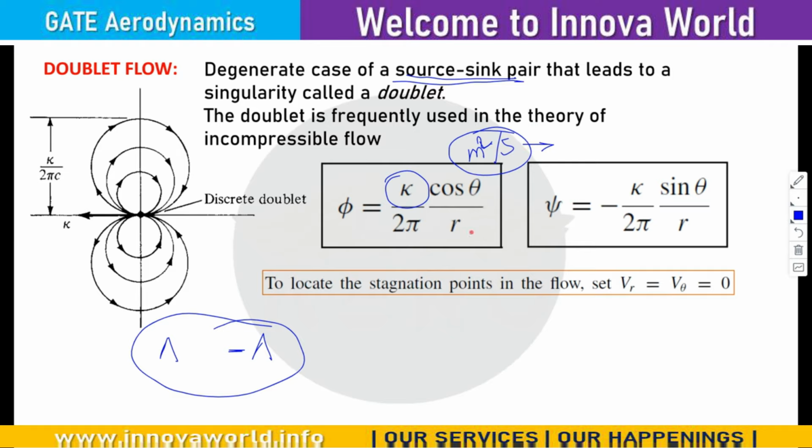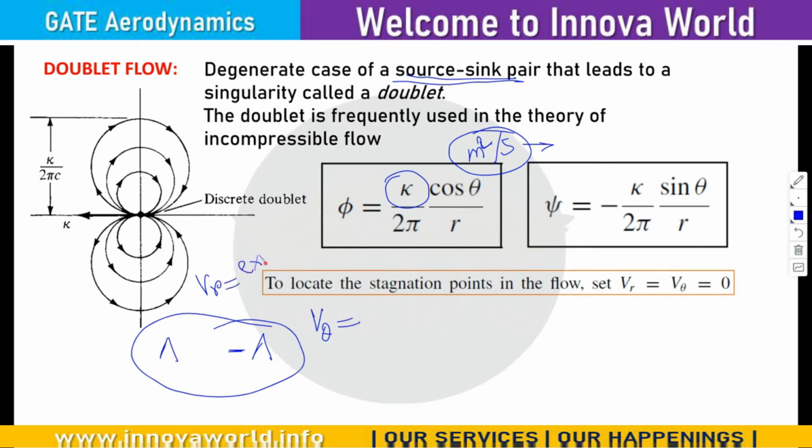Now what happens here in this doublet flow? Here, as we have seen, we looked at the nature of the radial flow and the tangential flow. But in case of doublet flow, both the radial flow and the tangential flow exist.